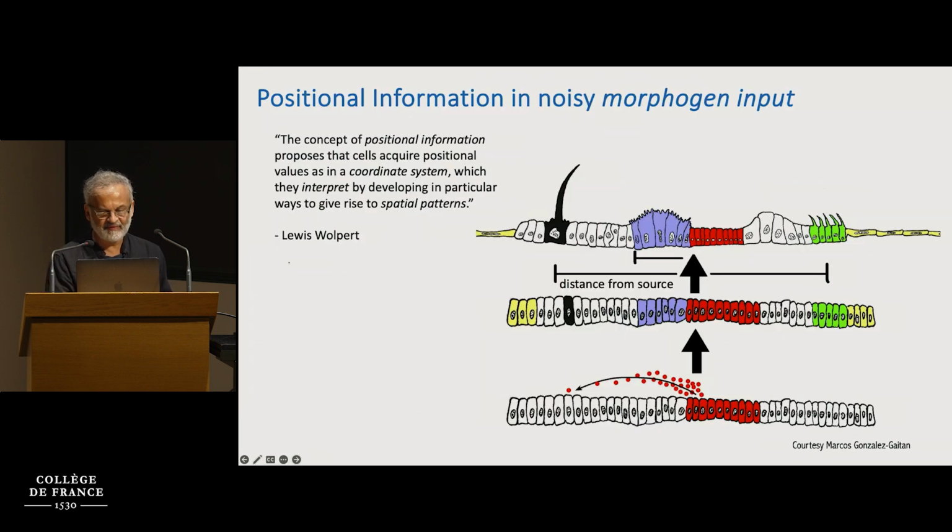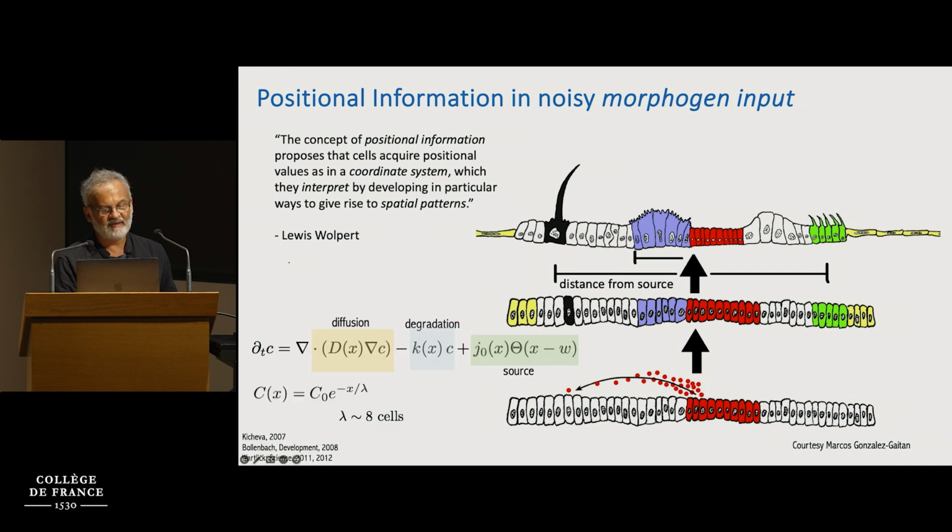Okay. So to start with the first one, as you heard in the last talk, a major challenge faced during development is how do you reproducibly generate the characteristic anatomy of the organism, starting from the initial form of the embryo. And this has to do with the cell-fate decisions, which are made by reading a noisy morphogen profile secreted by producing cells and delivered to the rest of the tissue.